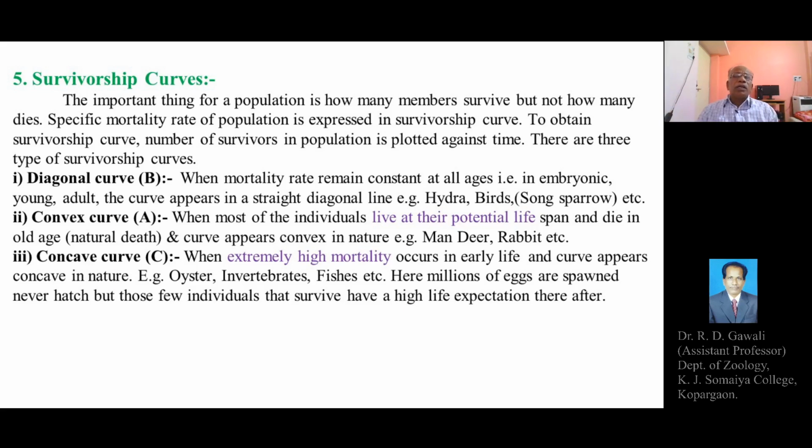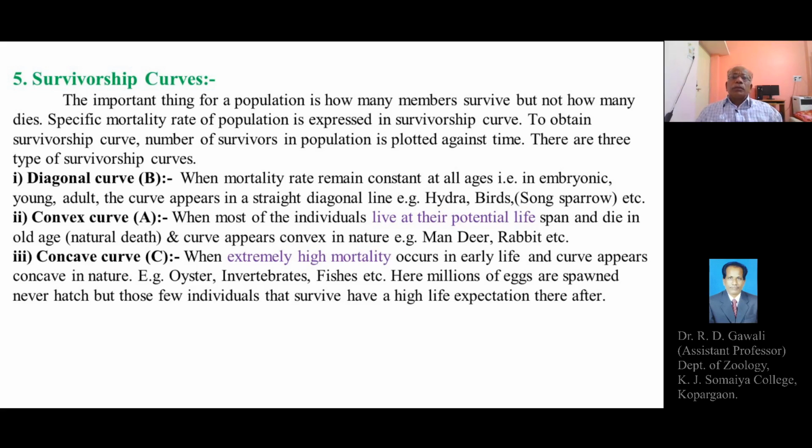There are three types of survivorship curves that can be obtained under three different conditions. So there are three types of situations or conditions that happen with the population.